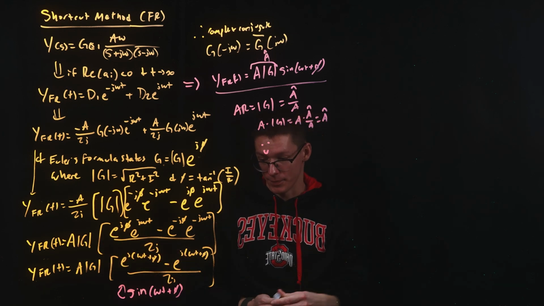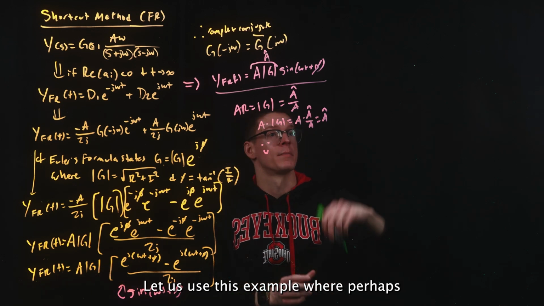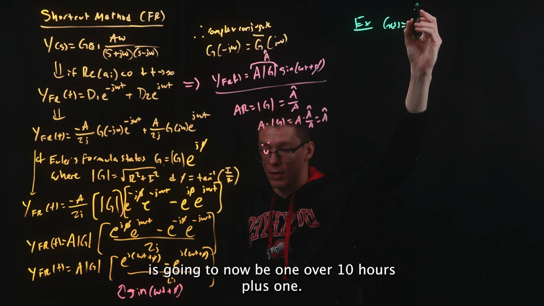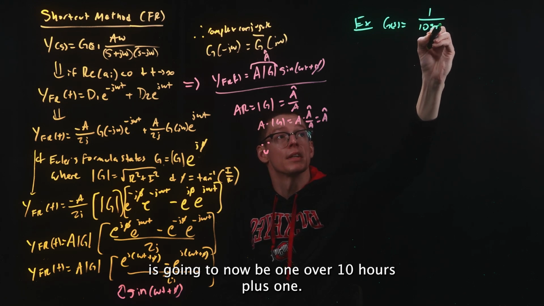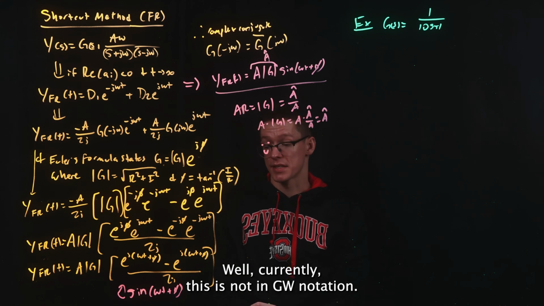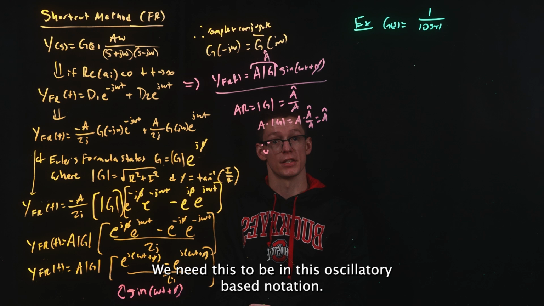Let's try an example. Let us use this example where perhaps g(s) is going to now be 1 over (10s + 1). And let's say that this is true. Well, currently this is not in jω notation. We need this to be in this oscillatory based notation.